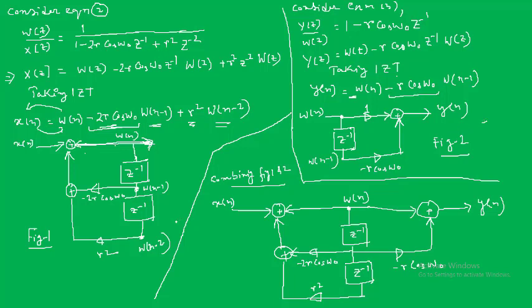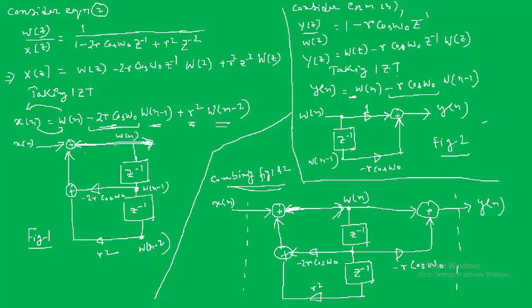Figure 1 and figure 2, now if we combine them, here if we consider this as your system, x of n is the input and y of n is the output. Better to use the arrow in this direction. What we are getting is that this is the feedback portion here. At this point we are getting w of n minus 1.